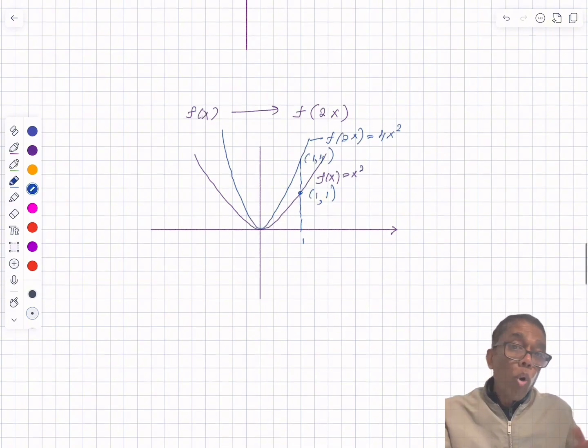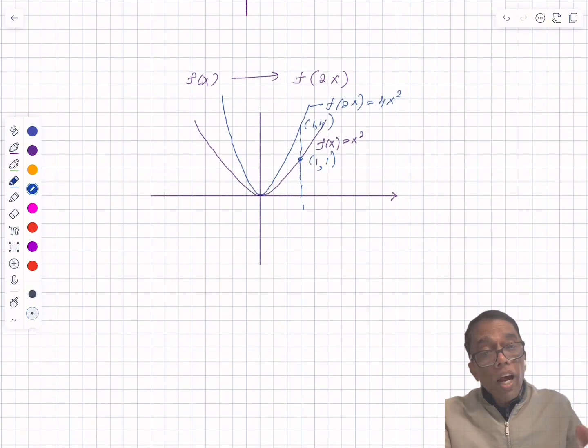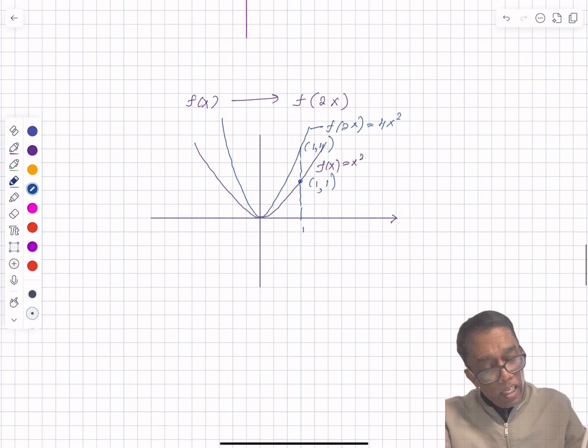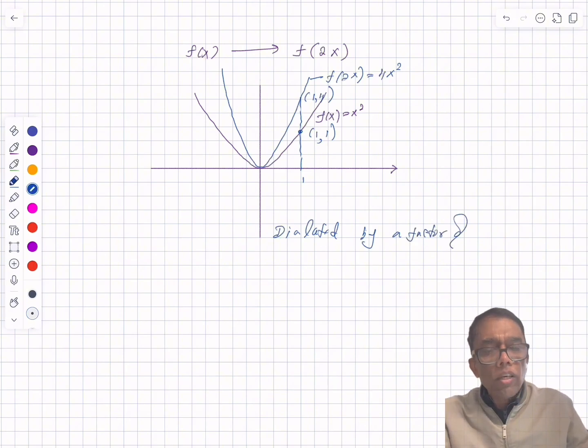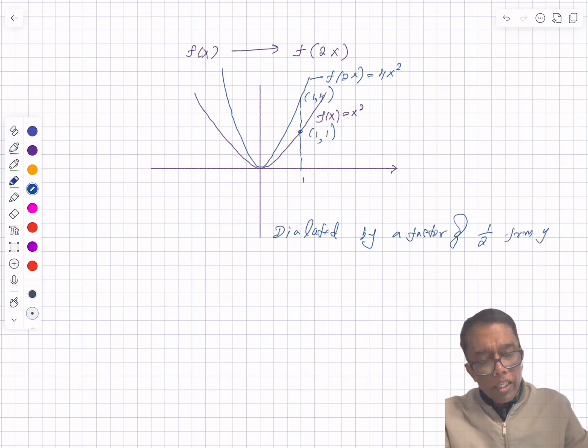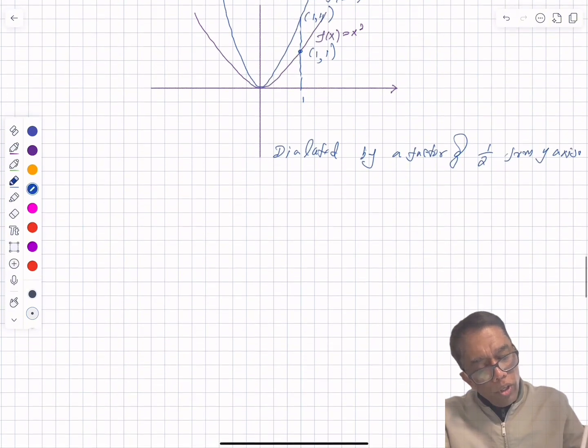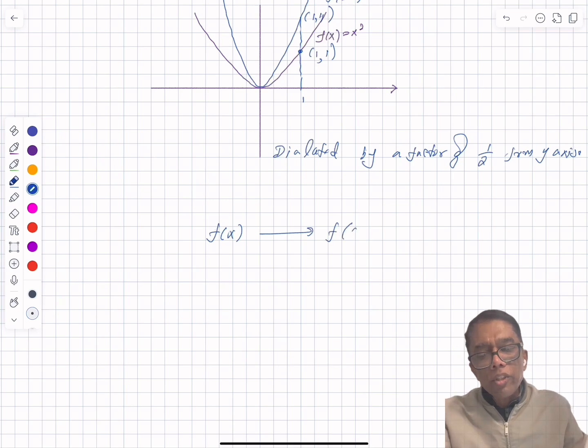The other one, dilated by a factor of half, 1 over 2, from the y-axis. The next one, think about f(x) goes to f(0.5x). What is this? Actually, this is a horizontal stretch.